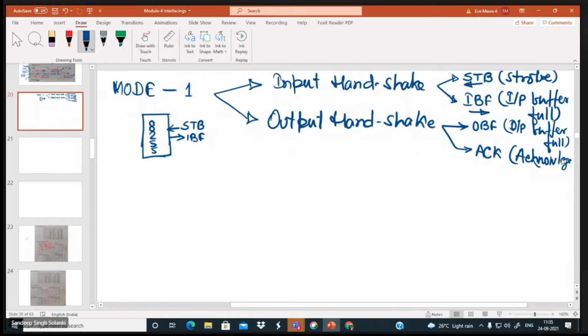So this is acknowledge, and this is output buffer full. Now again I am coming to OBF and acknowledge. OBF, output buffer full, will be what? Input signal. Input or output?